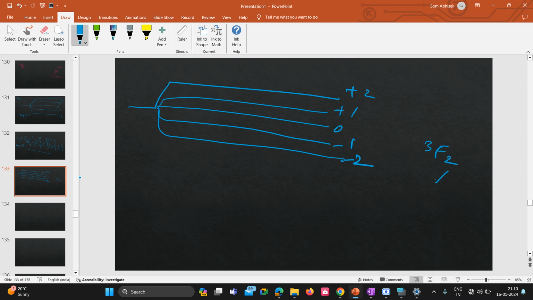What happens in 3F2? Again 2, 1, 0, minus 1, minus 2.